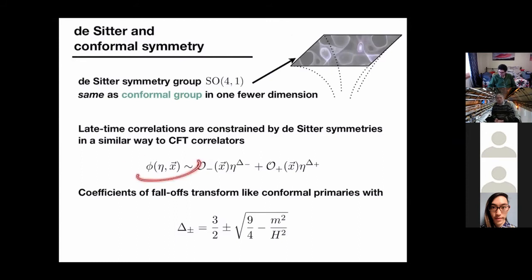If I take a bulk field in de Sitter space and expand it at late times, it will have these two characteristic fall-offs with time, in the same way that in AdS/CFT it has two characteristic fall-offs with radius. And these coefficients transform like conformal primaries, where the weight is set by the mass of the bulk field through the familiar AdS/CFT relation, but with some analytically continued AdS length, if you like.